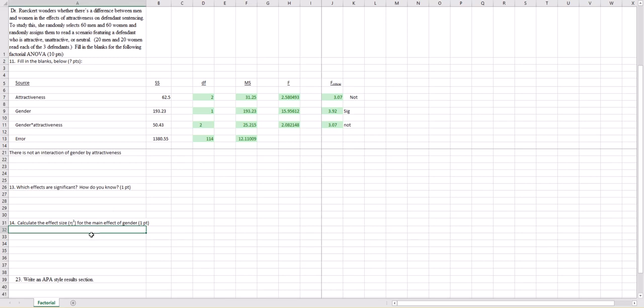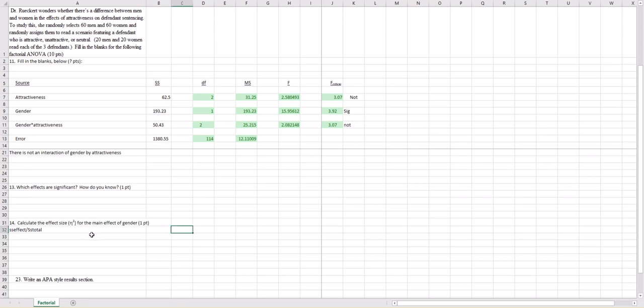Alright, for this one, we're going to calculate the effect size. It's going to be sums of squares for the effect divided by sums of squares total.